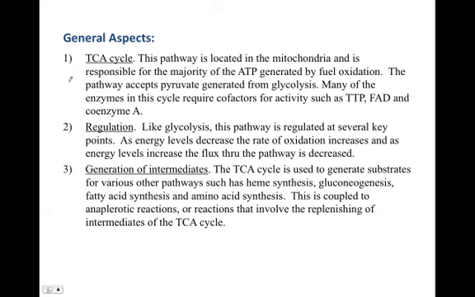In addition to generating energy, the TCA cycle is integral to generating substrates for various other metabolic pathways. In doing so, TCA cycle intermediates also have to be replenished, and they're done so through a series of anaplerotic reactions, the most important being the reaction by pyruvate carboxylase to oxaloacetate.